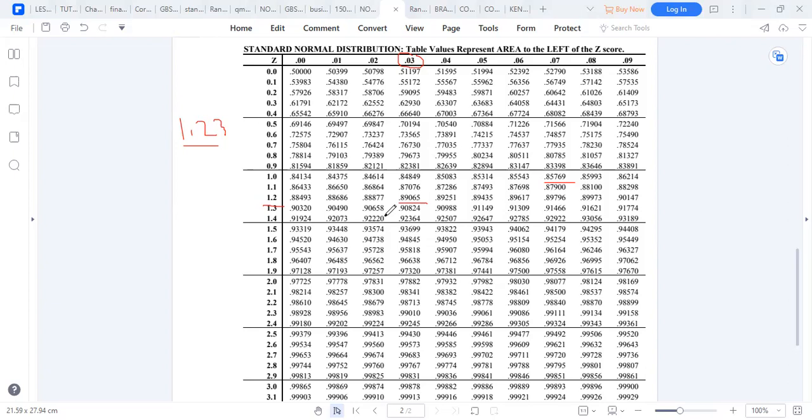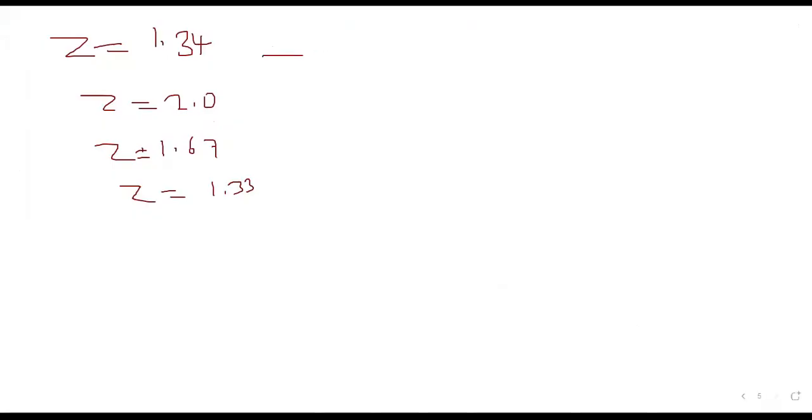I think it's 0.90988. So you go under 1.3, look at 1.34, right? Where it intersects with the 0.4, which is 0.90988. Correct. So that is how we find the reading here.